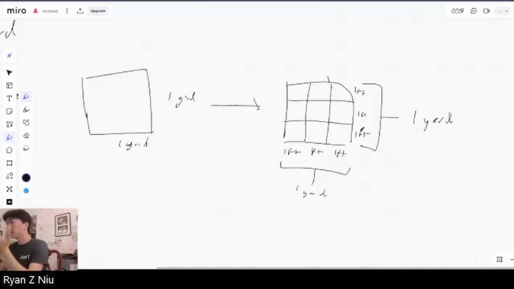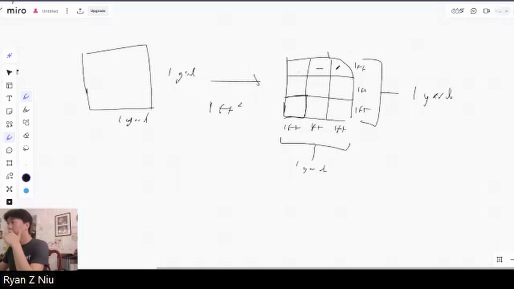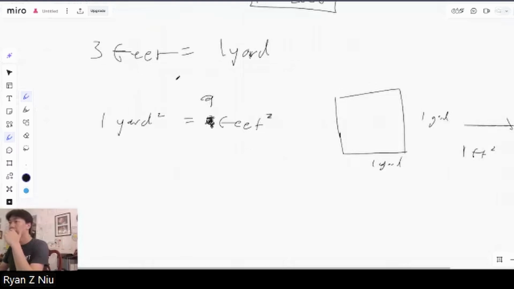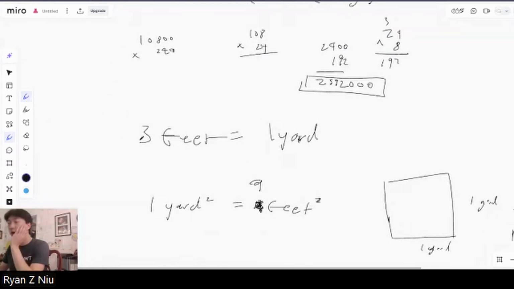And so you guys can see in total, each of these little squares is going to be 1 foot squared, 1 square foot. And in total, we have 1, 2, 3, 4, 5, 6, 7, 8, 9. So essentially, what you have to do when you come across these types of conversions is you have to square everything. So it's 9 feet squared and 1 yard squared.